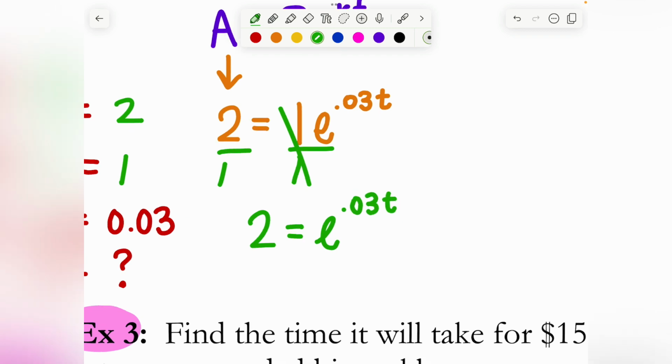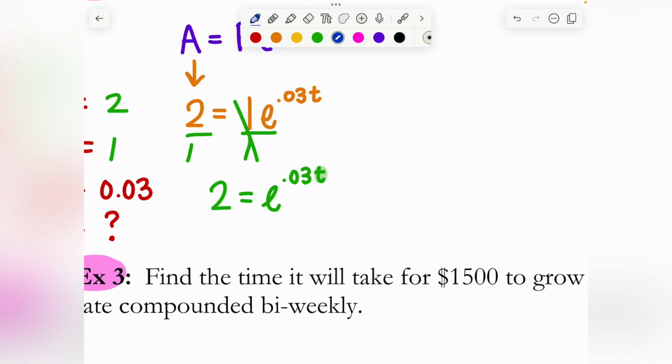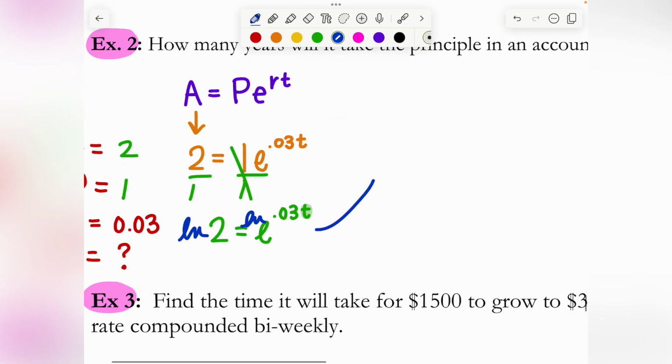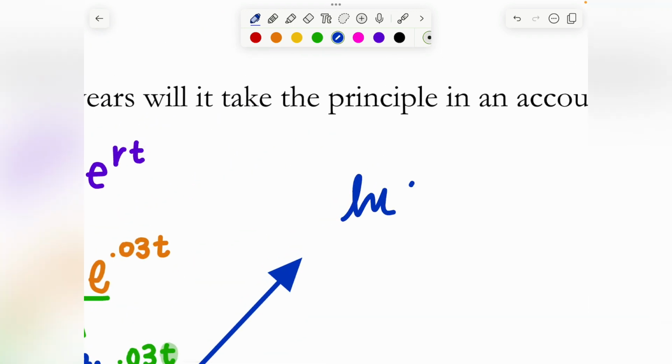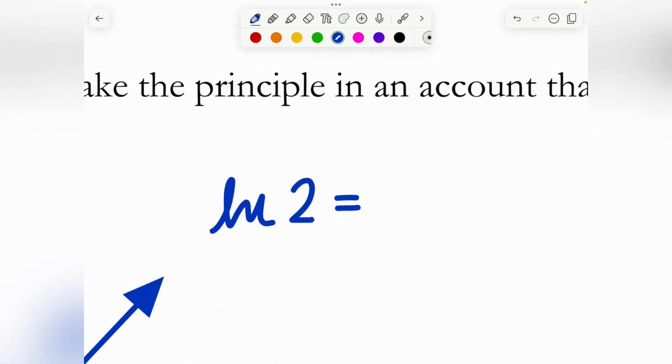It's easier. Now, in order to get this exponent down, in order to solve for it, I'm going to natural log both sides. So I have the natural log of 2 equals, now I can drop down my exponent, 0.03t natural log of e.